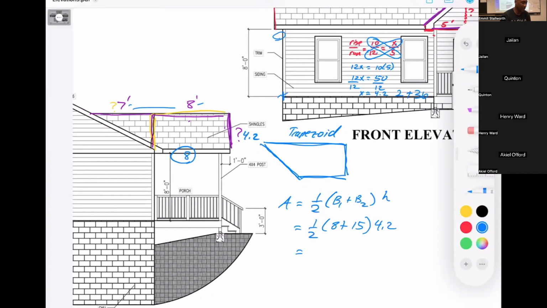So I got 1/2 times 23 times 4.2. Half of 4.2 is 2.1. So I got 23 times 2.1.